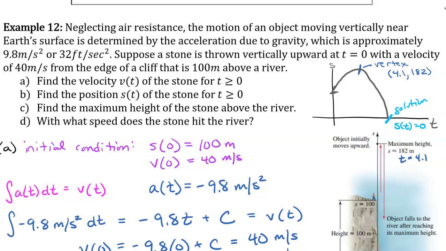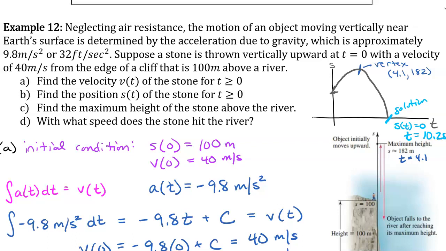Once again, because this is a quadratic, you have many different ways to solve this problem. If the problem does not specify a method, pick one. If you do so correctly, t should be approximately 10.2 seconds when it hits the river.